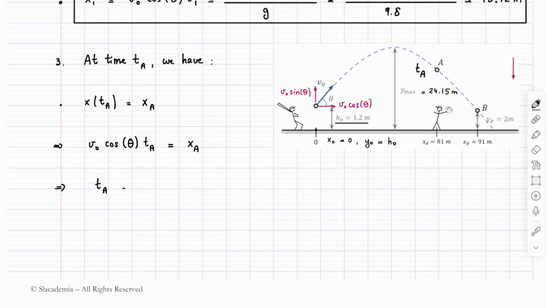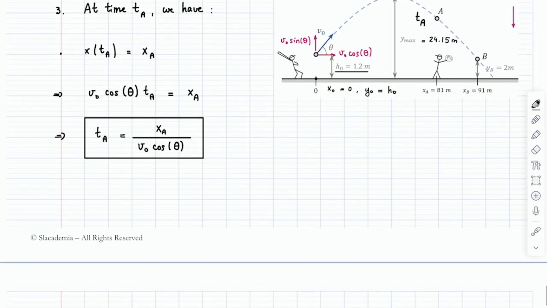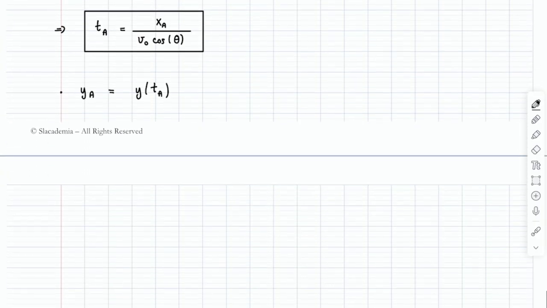Okay, so TA is xa divided by V0 cosine theta. That is going to be, oh, that's it, I didn't even compute it. I just plugged it in, right? So that's what I get. And if I plug it in to y of t, I get ya. So y at a is y at time ta, and that is going to be equal to minus 1/2 g ta squared.